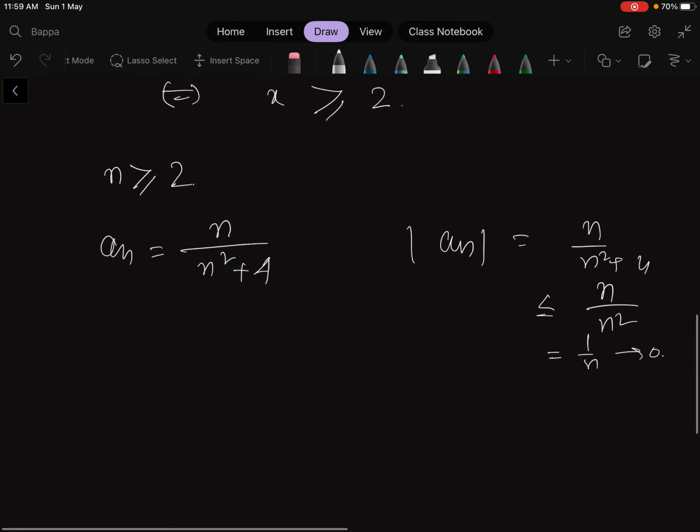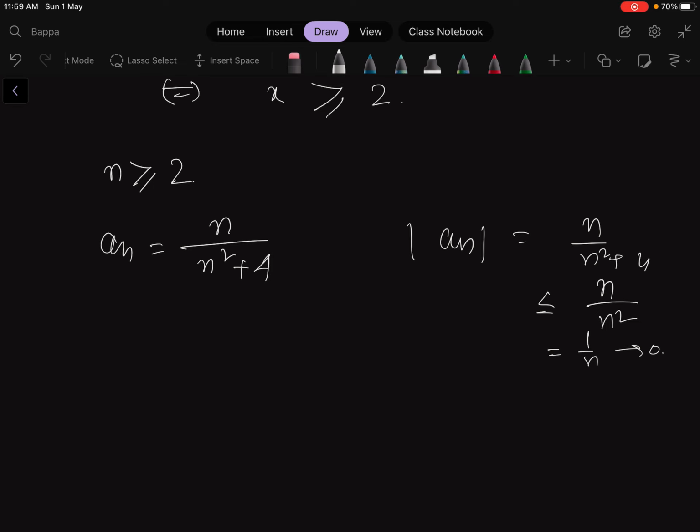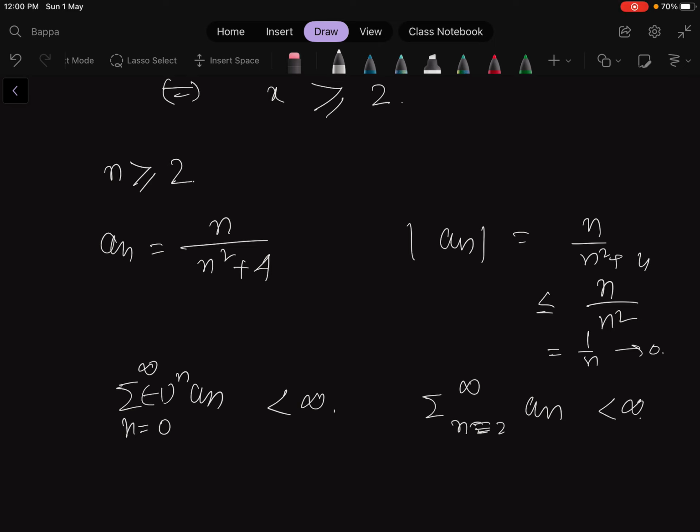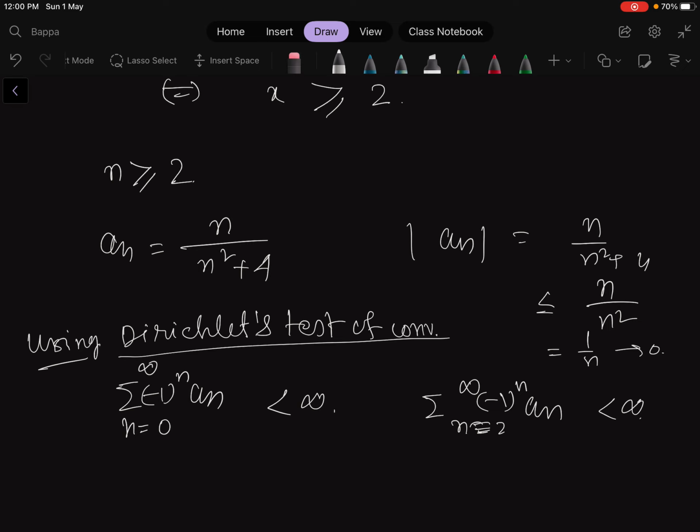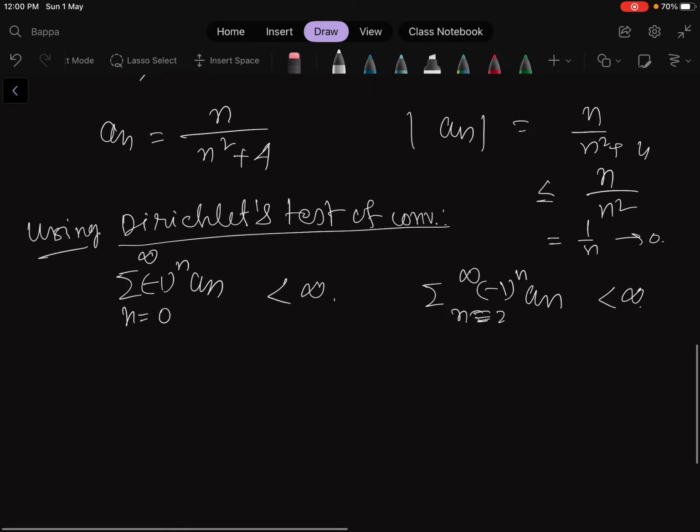So now you apply Dirichlet's theorem or Abel's theorem to say that the summation of a_n is convergent, because I have shown that the sum from n equal to 2 to infinity of a_n is convergent, and hence (-1)^n times this is convergent using Dirichlet's test of convergence. So the first one is conditionally convergent.